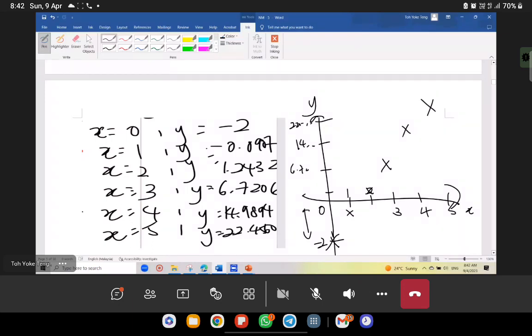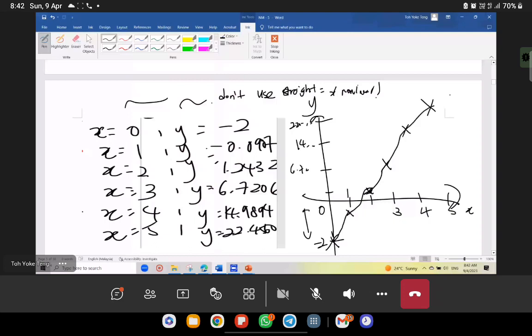Okay, don't follow me here, and remember that don't connect it using a straight line. Since this one is nonlinear, just connect it using a curve. Yeah, don't follow me, connect it nicely.